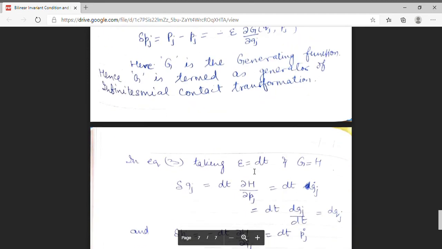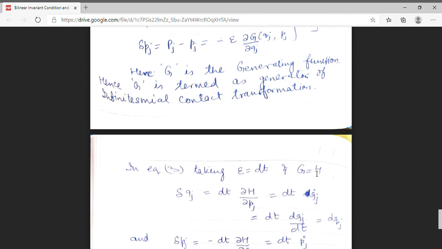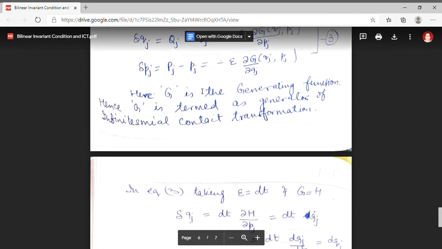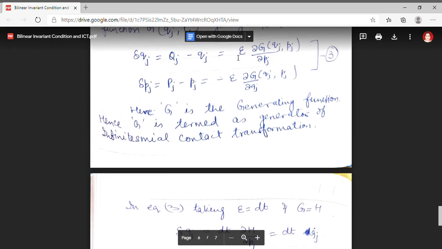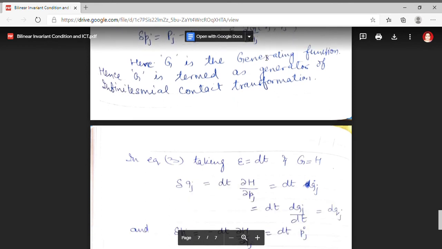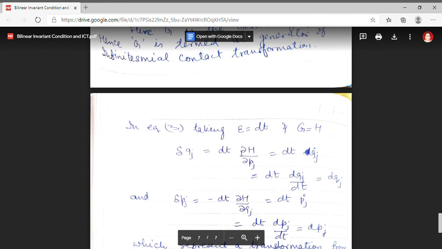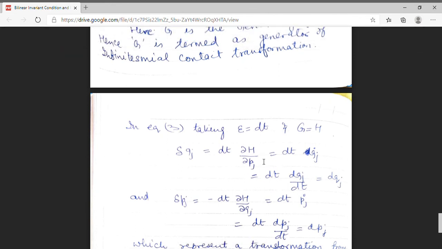Now I am putting epsilon to be dt and letting G be equal to H. So from the first equation, which was del Qj equal to epsilon del G upon del small pj, making the changes, here I am using the Hamilton canonical equation of motion, in which del H upon del pj is qj dot.